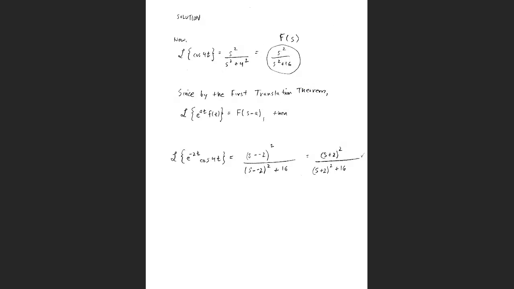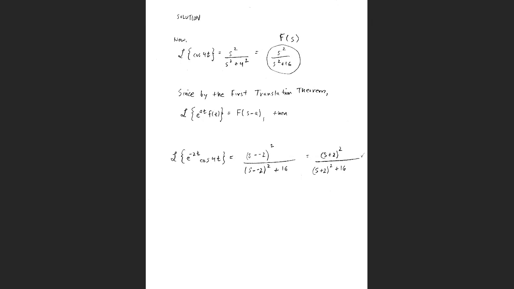I always have the Laplace transform table handy. The Laplace transform of the cosine of 4t, which is our f of t, equals, based on the table, s divided by s squared plus 4 squared.